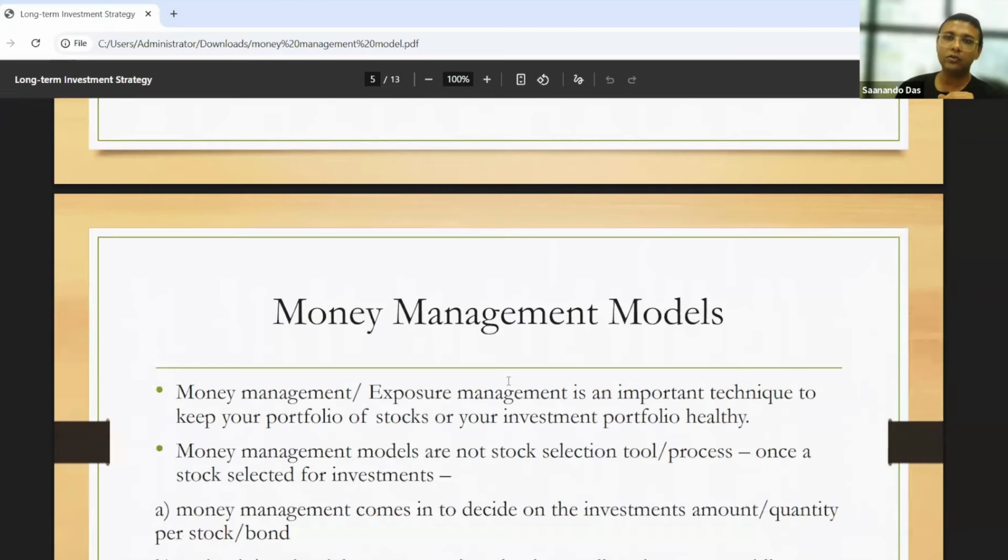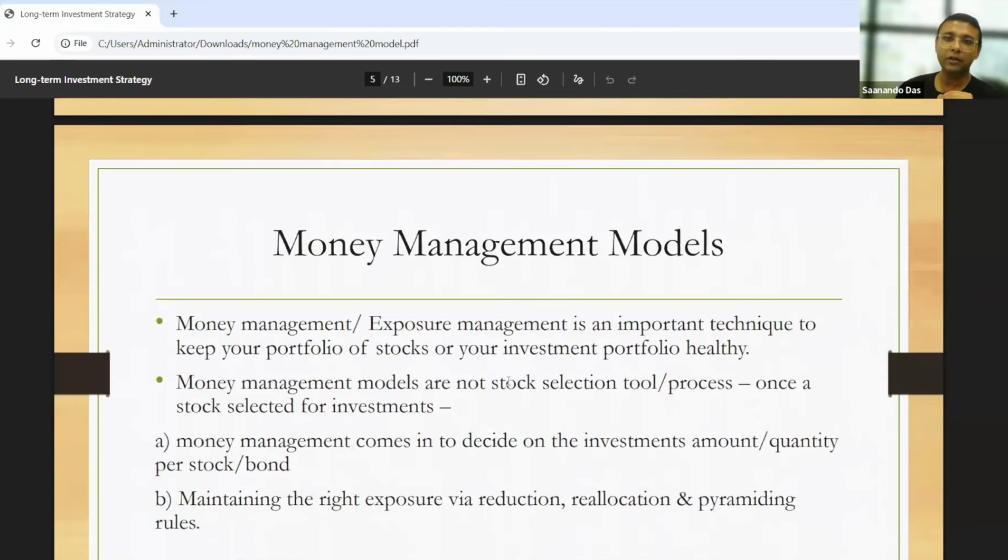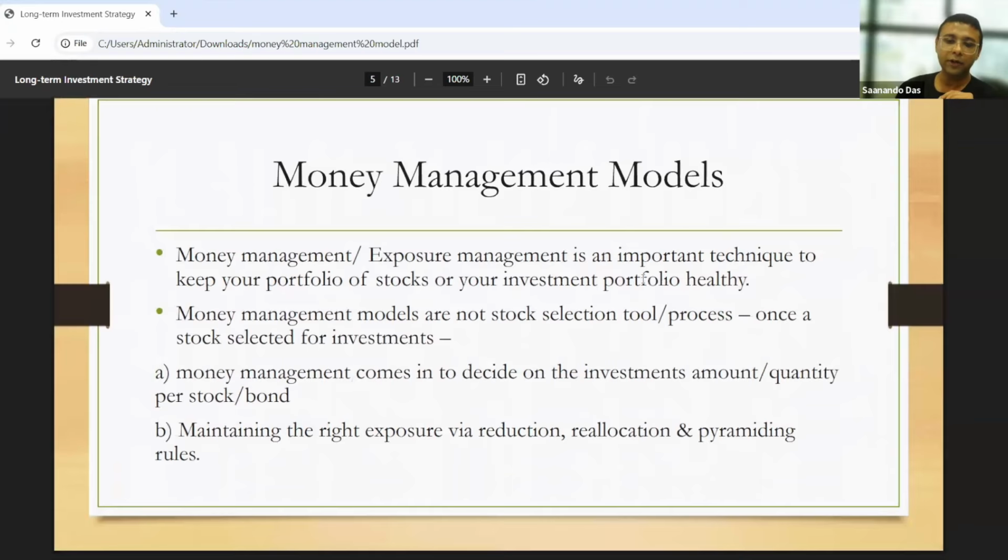So now I'm focusing on the money management or exposure management part. This is a very important technique to keep your investment portfolio healthy. Like you have a garden, for example.